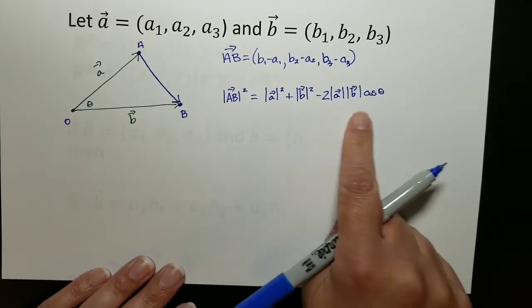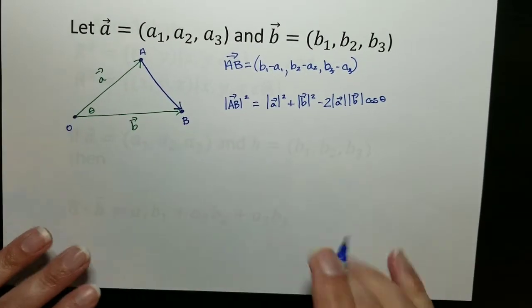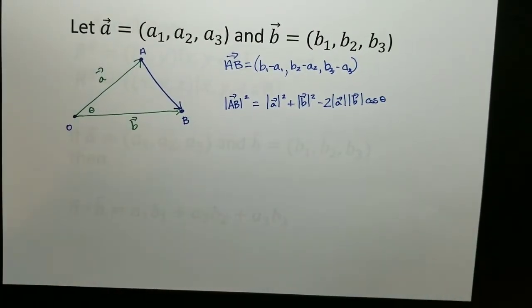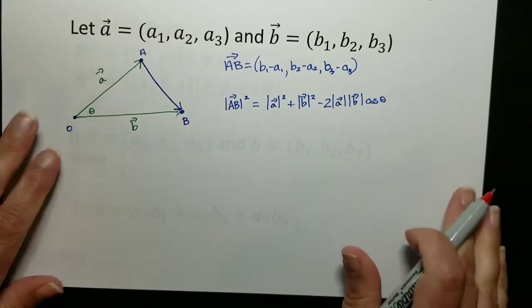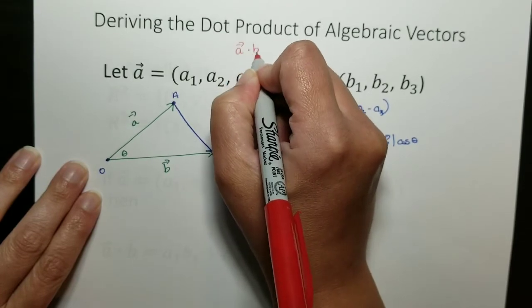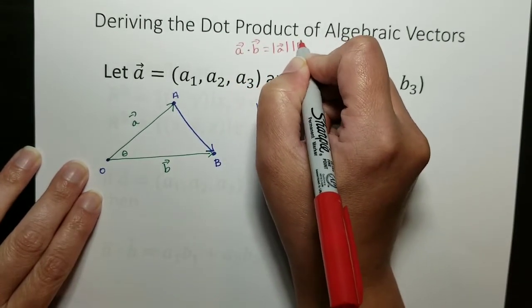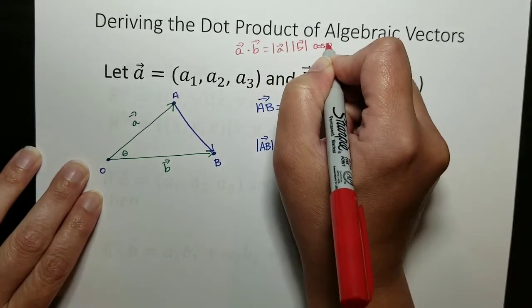And this is the part that looks really familiar because we know that from our geometric vectors, vector A dot B is the magnitude of A times the magnitude of B times cos theta.